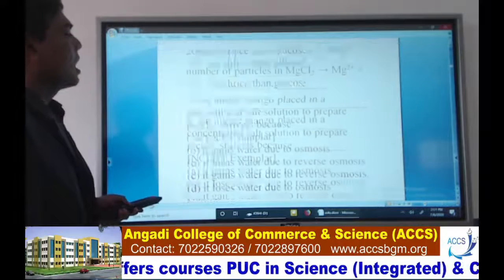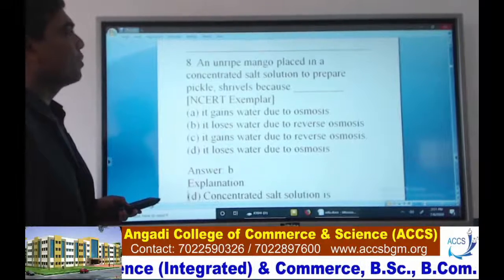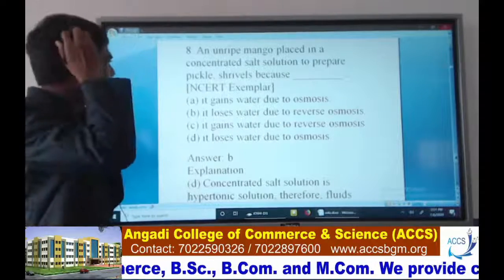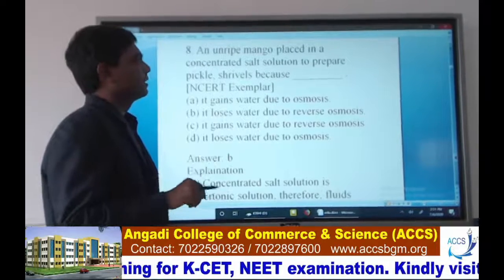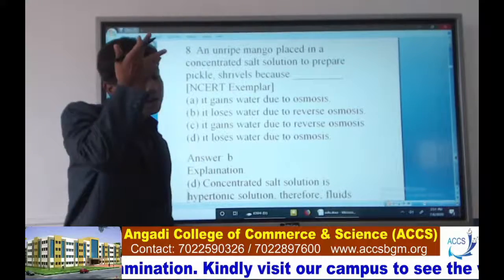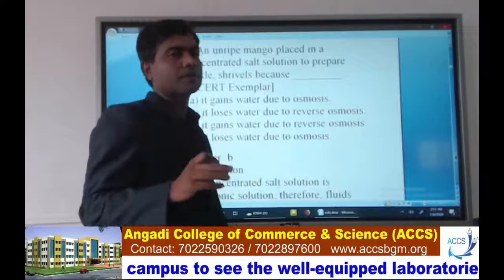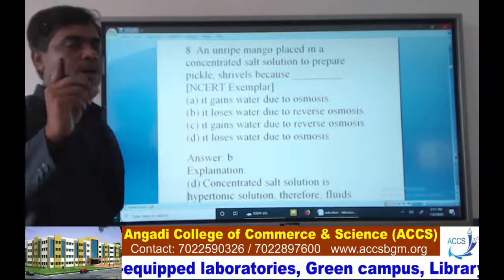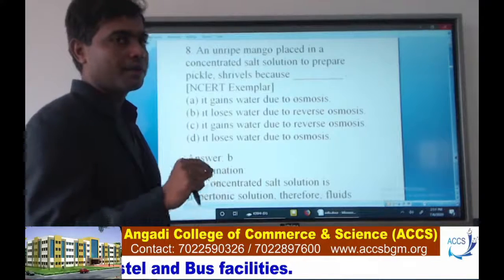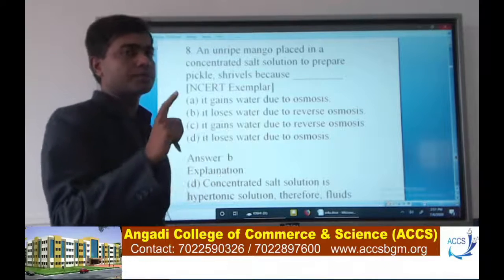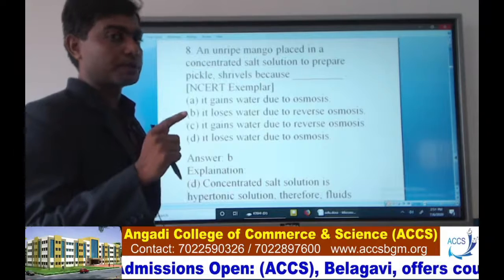Next question. An unripe mango placed in concentrated salt solution to prepare a pickle shrivels because, as you know, when we prepare pickles, we take a mango and put it in the salt for a few days. That time he is asking whether endosmosis takes place or exosmosis takes place.